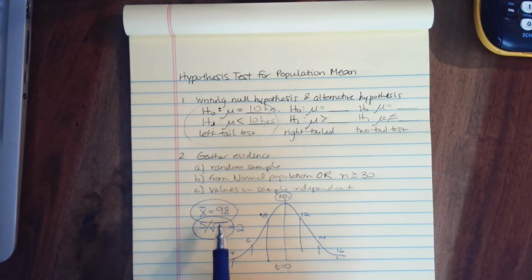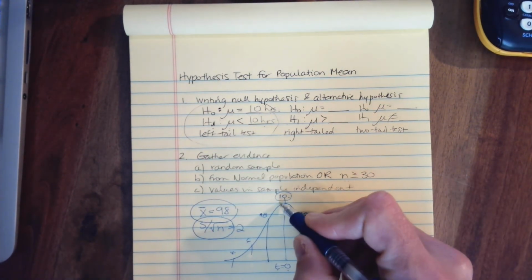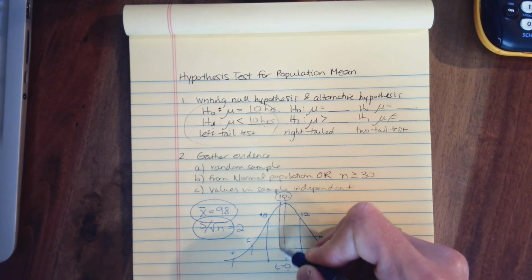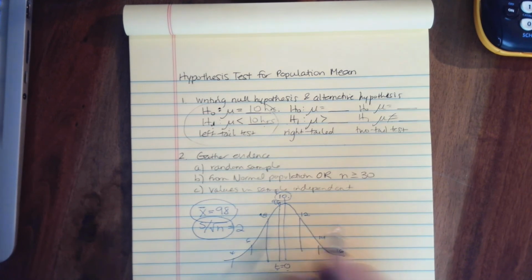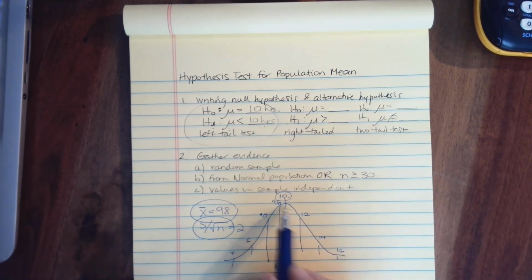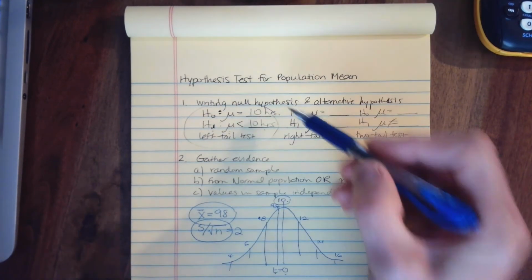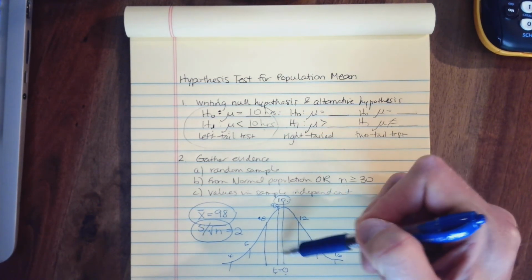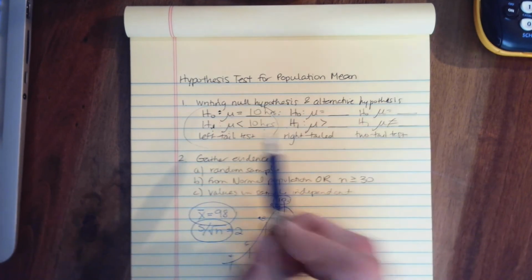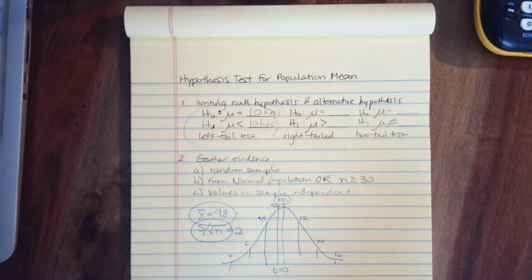So when I get a result of 9.8, that's actually really close over here to the assumed mean of 10. And so that's probably not going to be sufficient evidence or convince me that this statement was anything but true. In fact, that might even confirm to me that maybe the mean really is 10 hours.